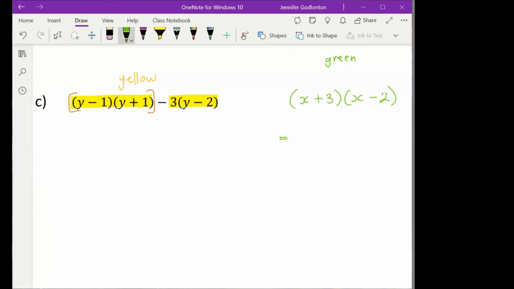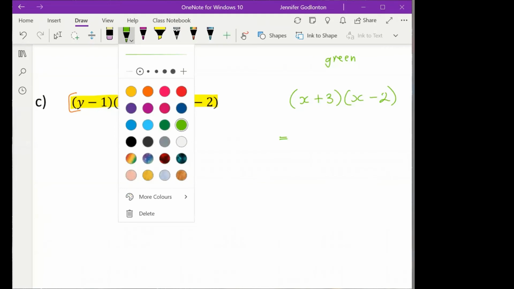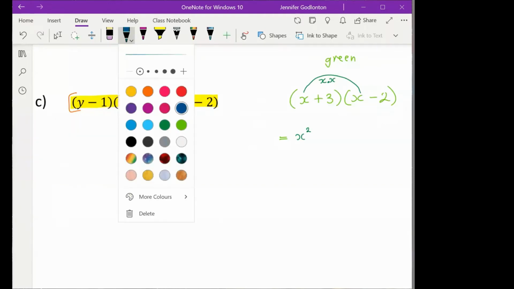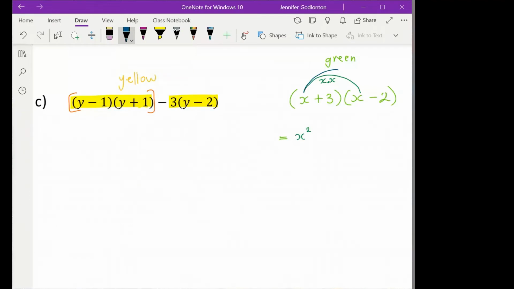I'm going to have a talk about the green one first. So those who are working on yellow, you can just keep on working on yellow. For the green one, we're saying I have my first term and I'm multiplying it by my first term. So x times x, which is going to give me x squared. Okay, we're multiplying those two together. Then I'm saying, what is x times negative 2?